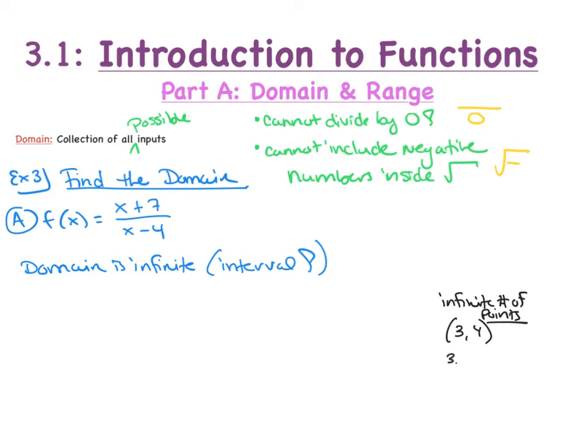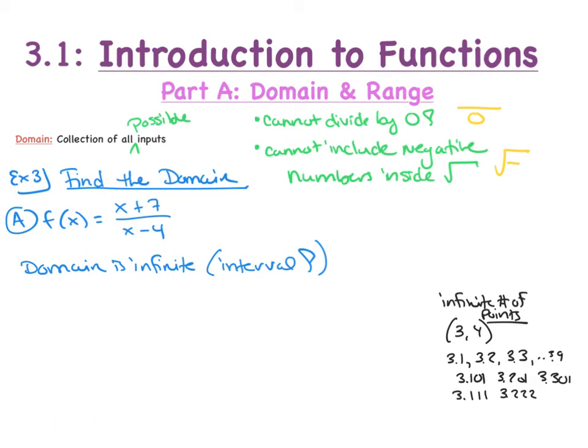So we could have 3.1 and 3.2 and 3.3 and so on up to 3.9. Oh, I'm forgetting there's 3.101 and 3.201 and 3.30. Oh, and there's 3.111 and 3.222. And goodness, I could do this all day, literally forever and ever.